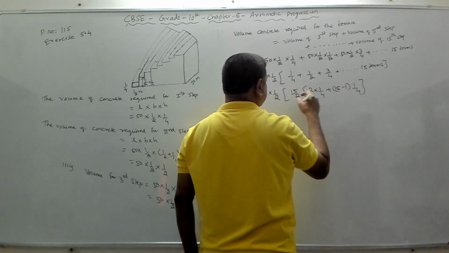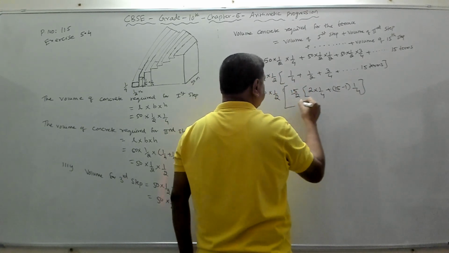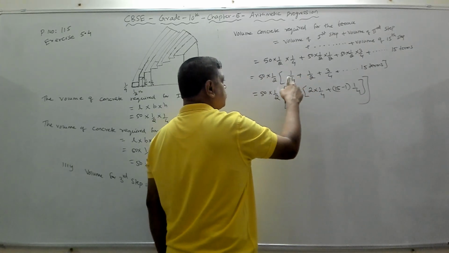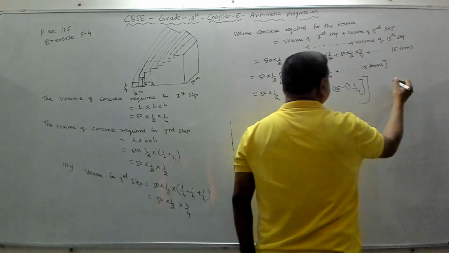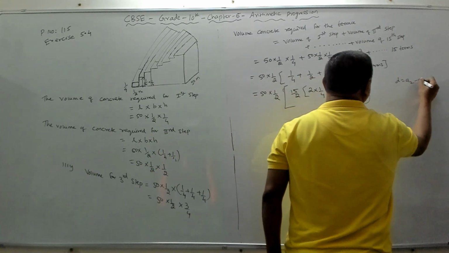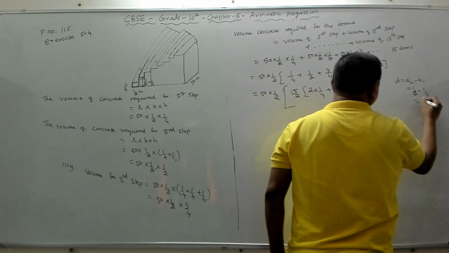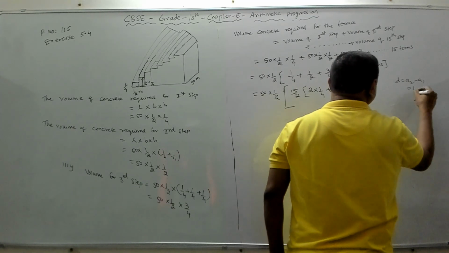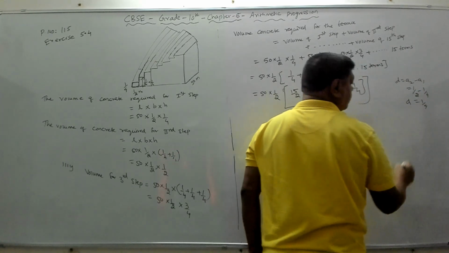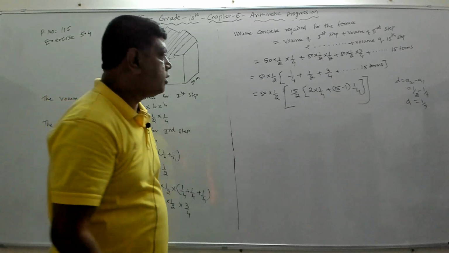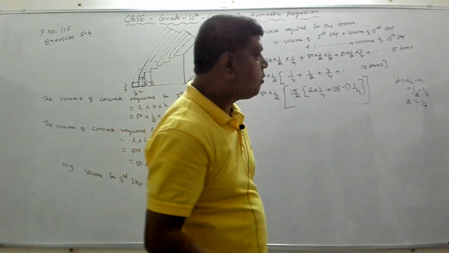D is what? D is 1 by 2 minus 1 by 4, that is also 1 by 4, common difference. So D is A2 minus A1. And A2 is 1 by 2 minus A1 is 1 by 4, that gives you 1 by 4. Fine. So D is also 1 by 4.